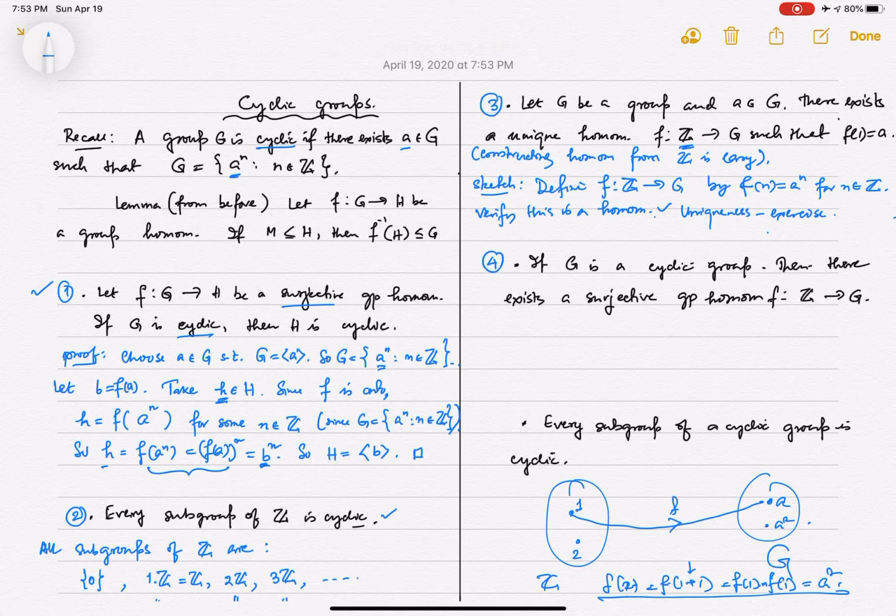Anyway, I only need the existence for the next one, which says that if you have a cyclic group, then you have an onto homomorphism from integers. And this follows from the previous one.